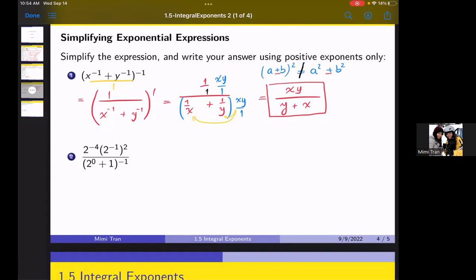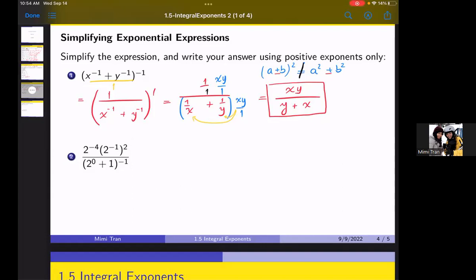There's nothing wrong with fractions. There are many ways of doing this. There's no one way.